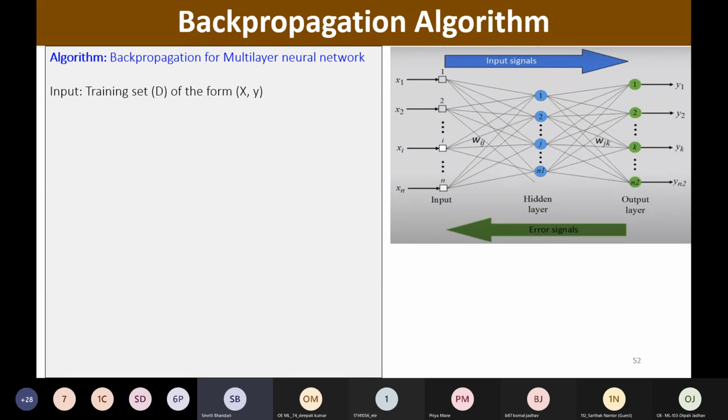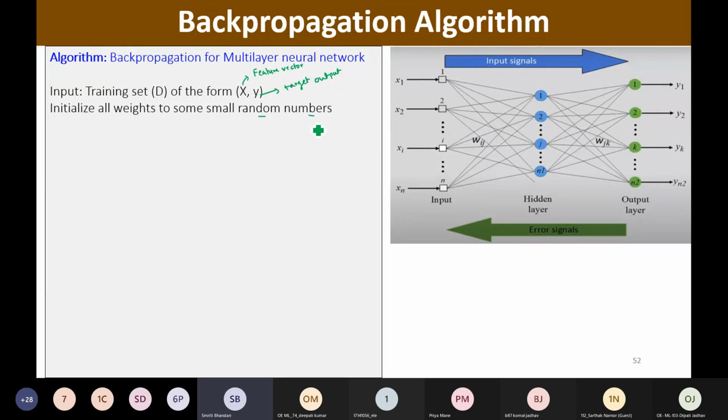Here also our input is the training data set D, which consists of training samples of the form (x, y), where x is a feature vector and y is my target output. The first step is, we need to initialize all the weights to some small random numbers.